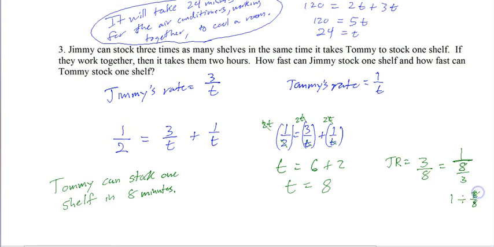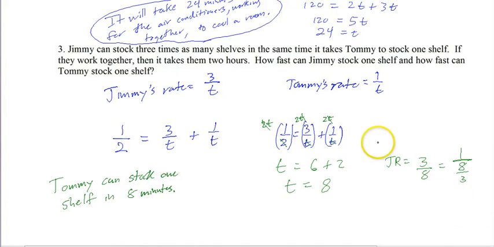Sorry, 1 divided by 8/3. And so when you flip it, you get 3/8. So that means Jimmy can stock 1 shelf in 8/3 minutes. It's good enough for me.